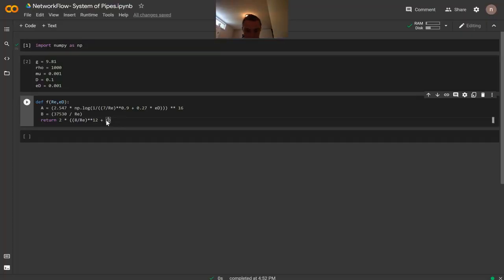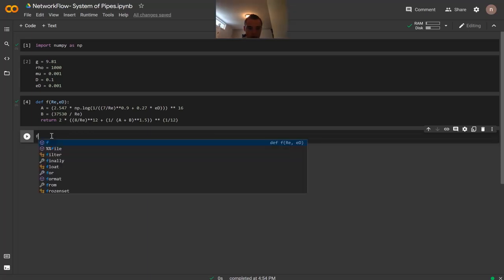So that's added to 1 over A plus B, and then that will be raised to the 3/2, which is 1.5. And then this entire expression, besides the 2, will be raised to the 1/12. And that should calculate F.